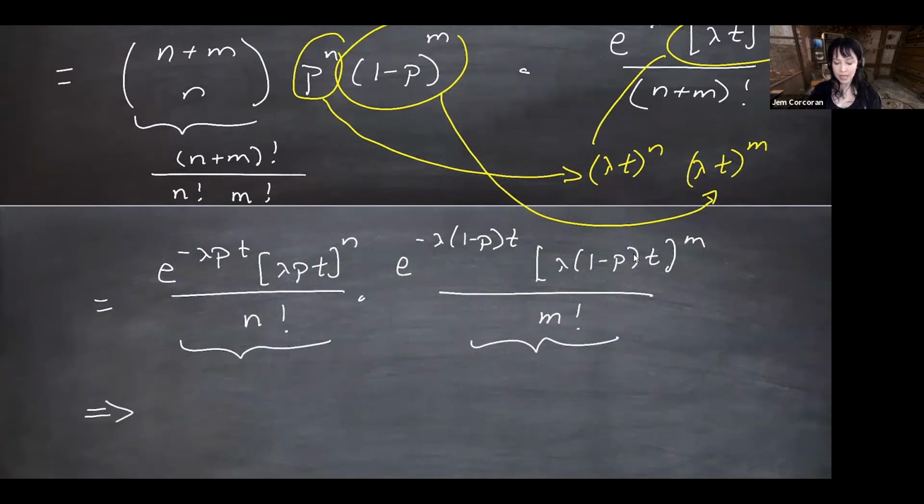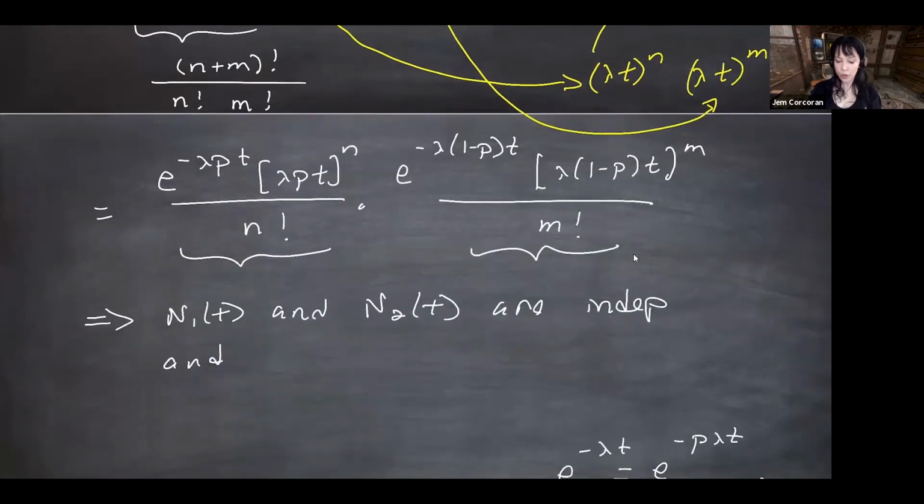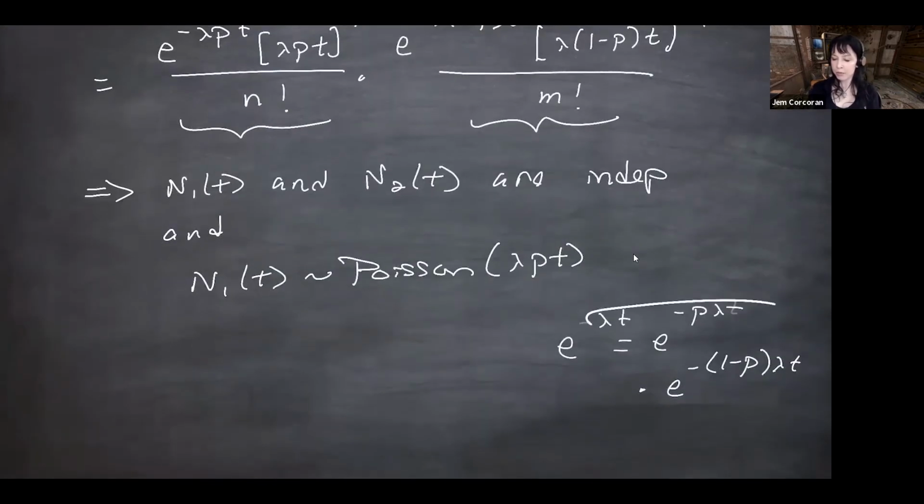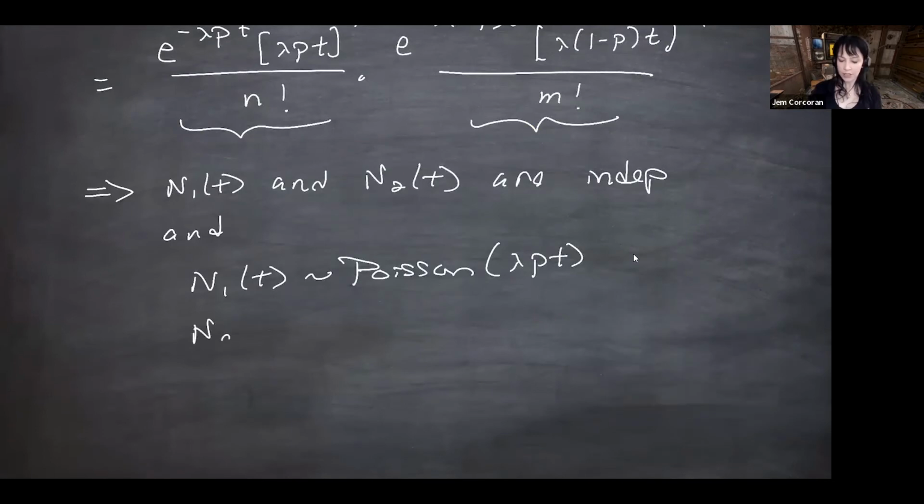This implies that N1(t) and N2(t) are independent, because the probability factors, and it gives us the result we want: N1(t) has a Poisson distribution with parameter lambda p t, and N2(t) is Poisson with parameter lambda 1 minus p t.